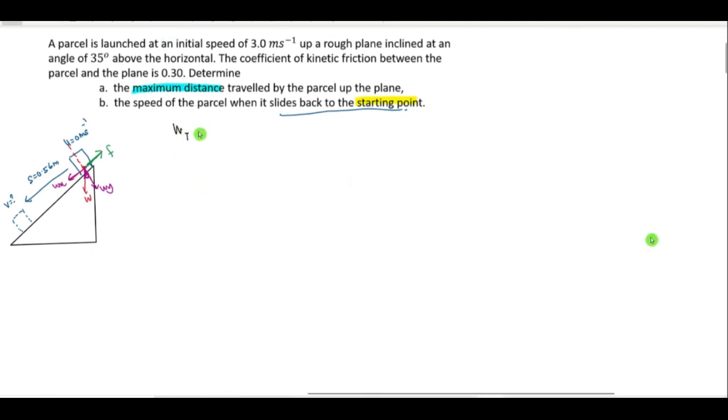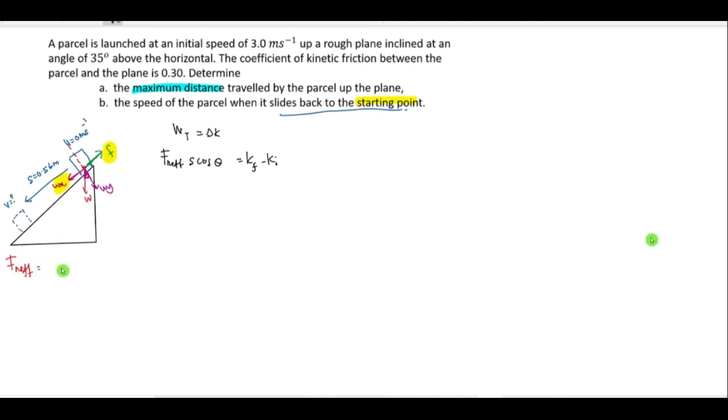Kita tulis W_T is equal to delta K, where W_T, you can use the first method, F net s cos theta equal to K final minus K initial. Okay, so in X component here, we have two forces, W_X and frictional force. So let's say we want to calculate what is the F net.